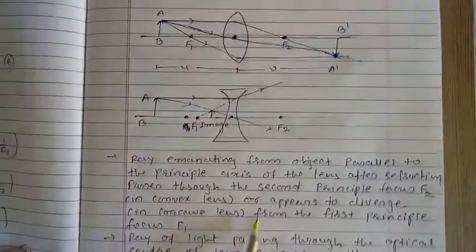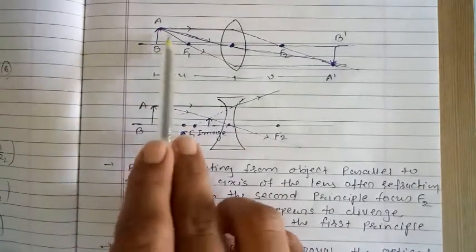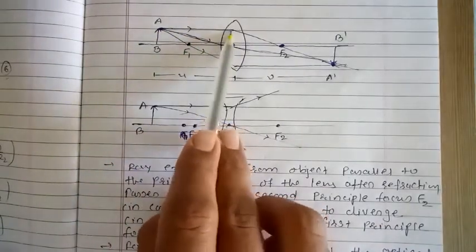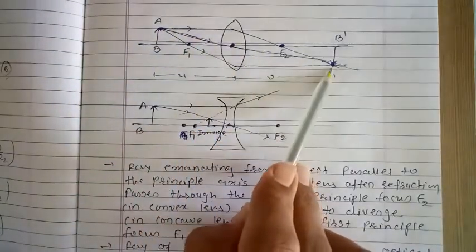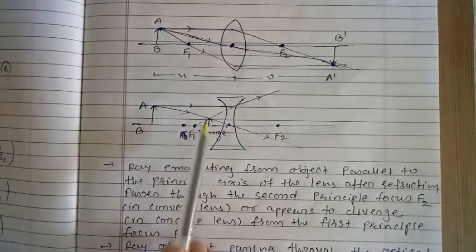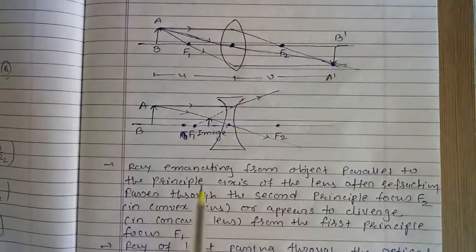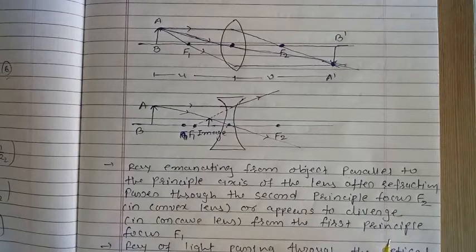You can see in this figure, for convex the ray passes through the second focus, and for concave it appears to diverge from the first principal focus, right?